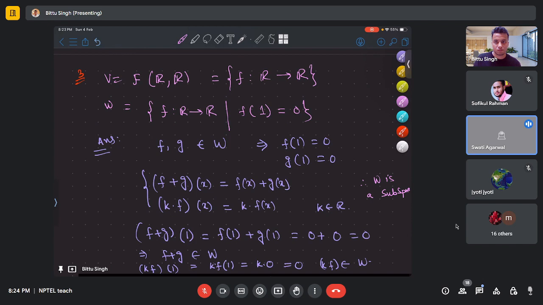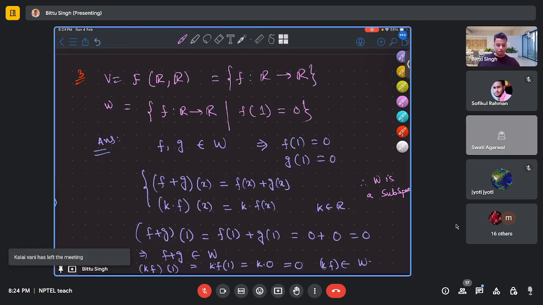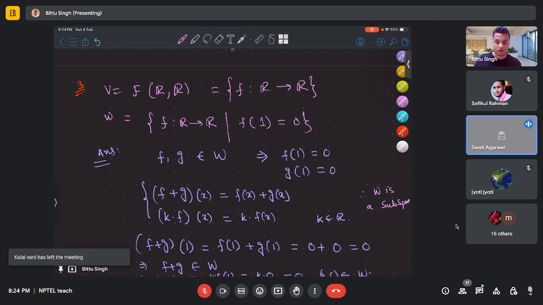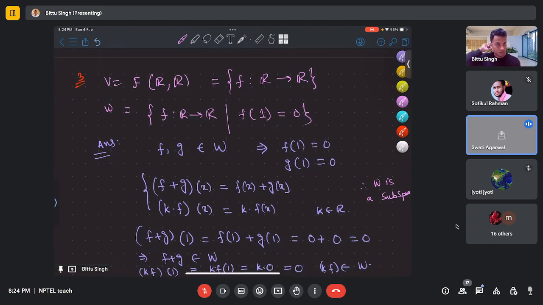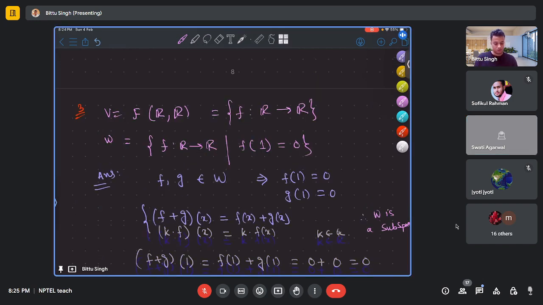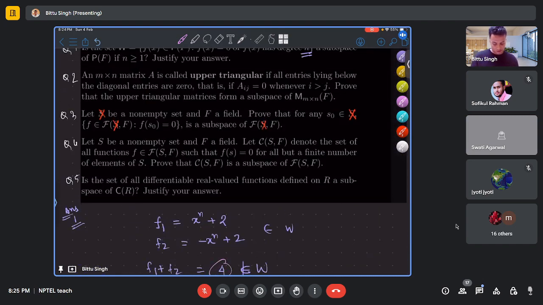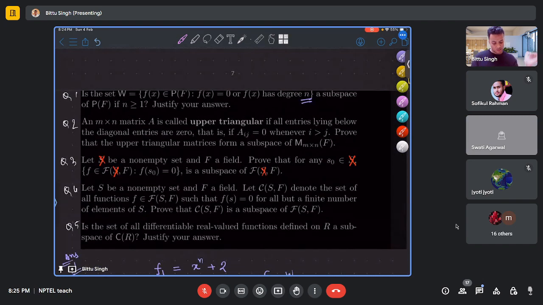So we have to give an example also. In the exam, we have to give points also, real points. No, it is not that. I have just simplified this question.